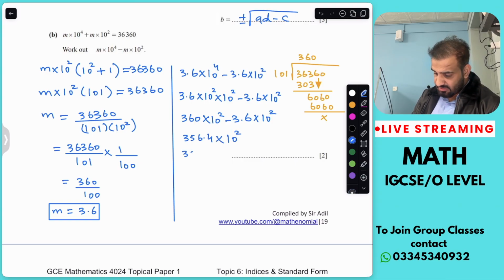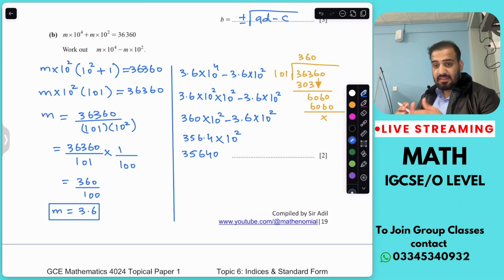So it is actually 35640. Okay. 10 square means 2 decimal to the right. Okay. 2 digits to the right. So move decimal 2 digits to the right. It means 4 and then an extra 0. So this 35640 is your value for that expression.